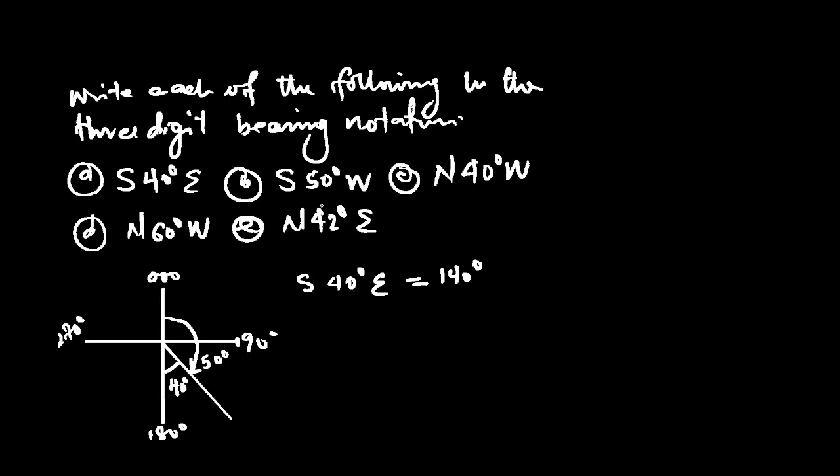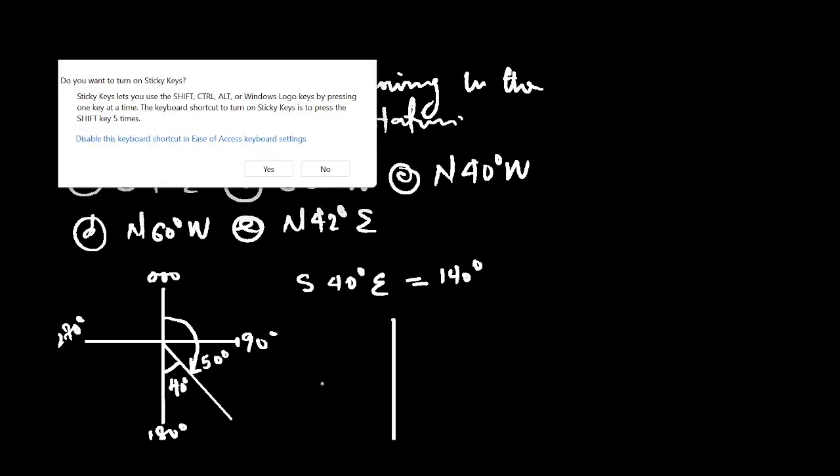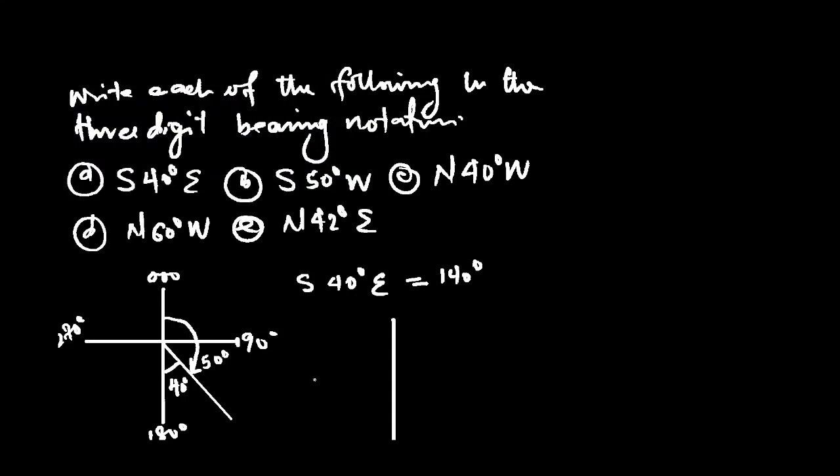So the second one says south 50 degree west. When I say south 50 degree west, what it means is that from south you read 50 degree clockwisely. Are you seeing this now? So what will be the value if you are dealing with 3-digit bearing? You start from the north here. This is 0 degree. This is 090 degree.